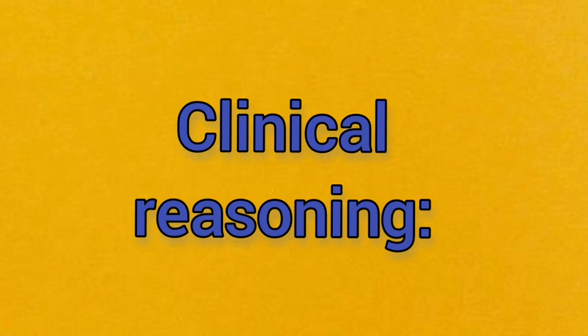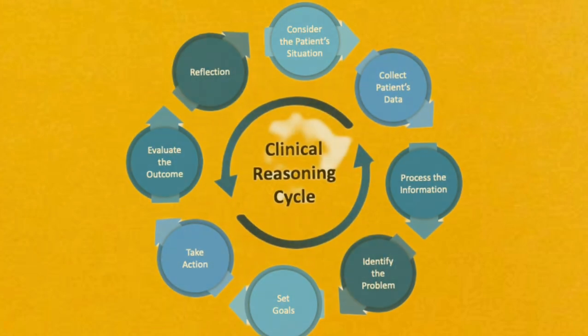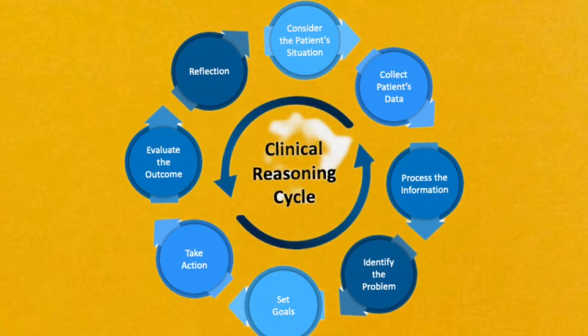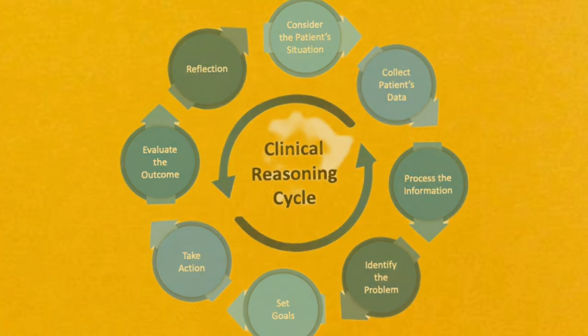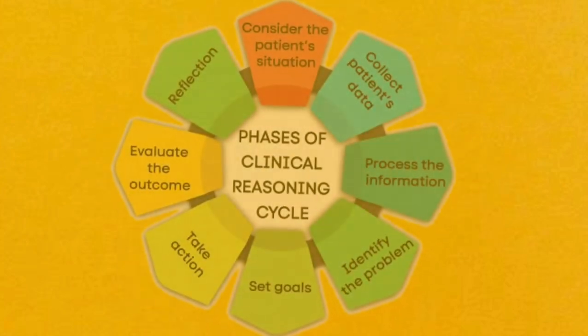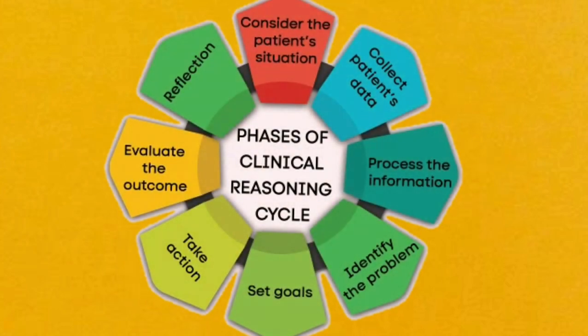Clinical reasoning. Clinical reasoning is a critical cognitive process that allows general practitioners to analyze patient information, make accurate diagnoses, and develop appropriate management plans. Here are some key components of clinical reasoning by GPs. 1. Data collection.